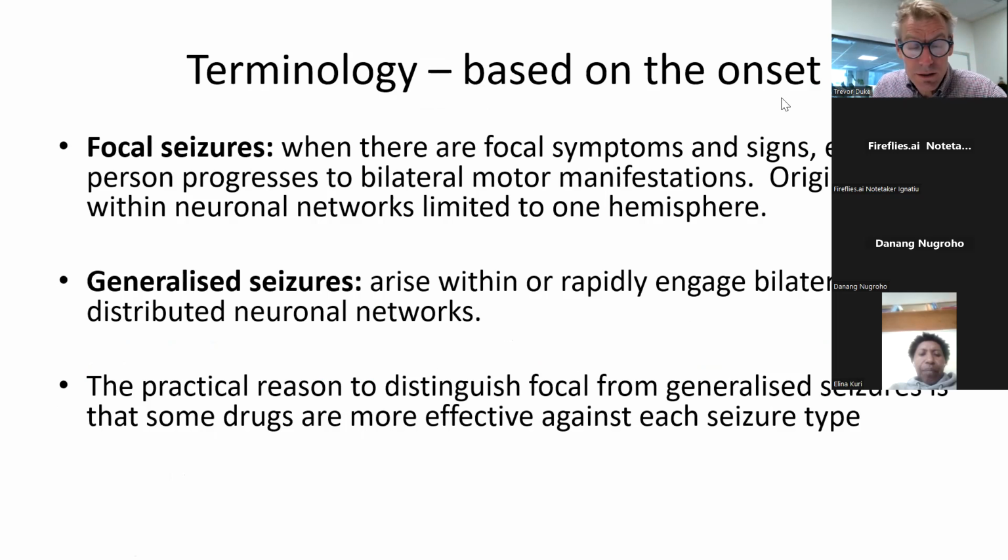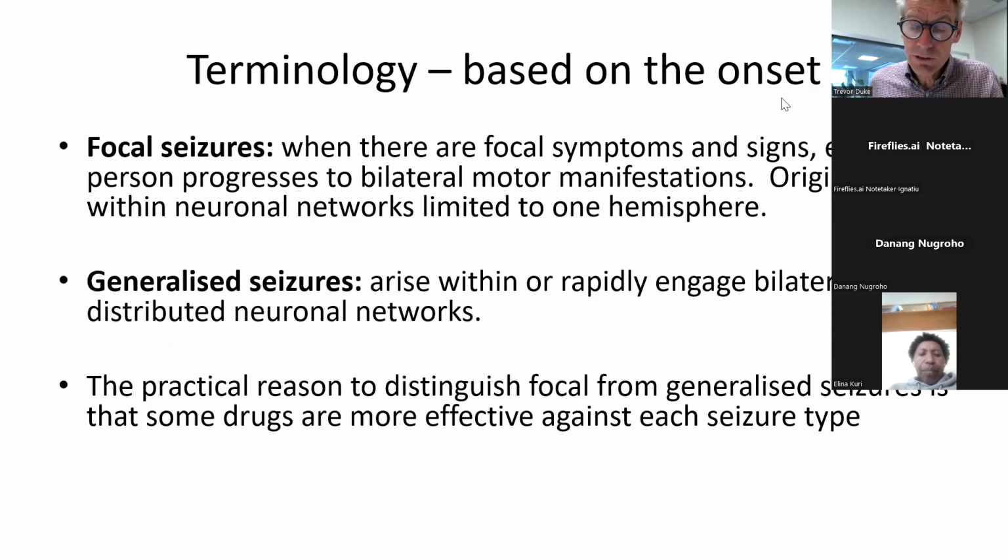Now, the terminology of epilepsy is important. It's important that we have some idea of the classification of epilepsy and how to refer to different types of epilepsy. There are focal seizures and there are generalized seizures, and that classification is based on the way a seizure starts.